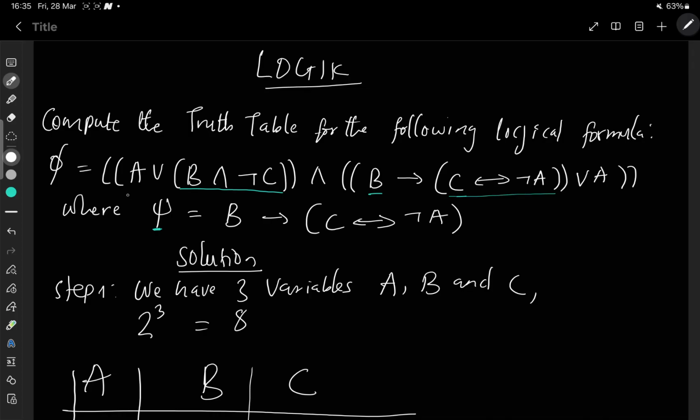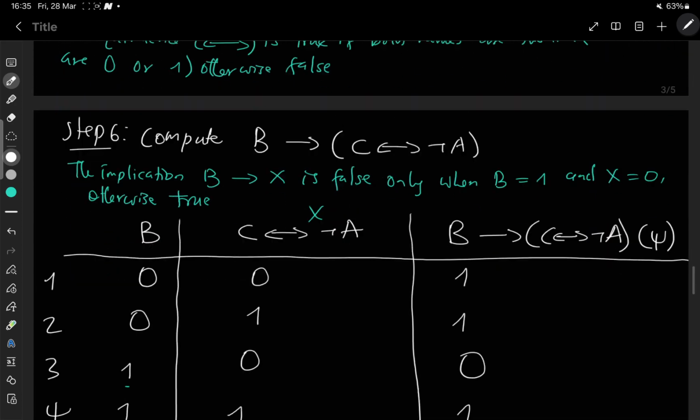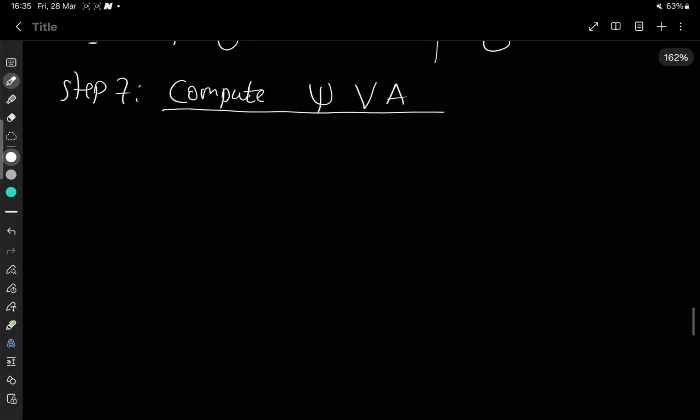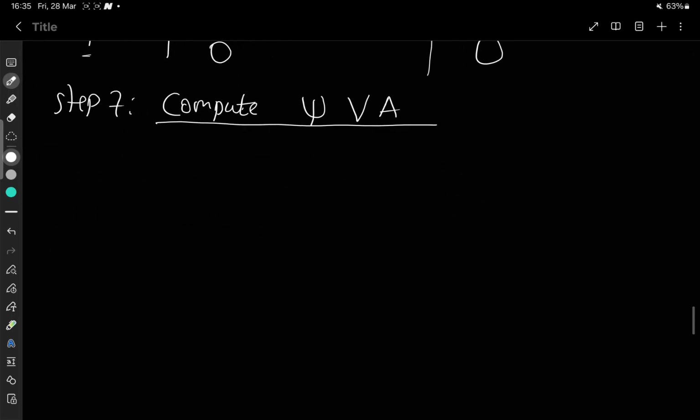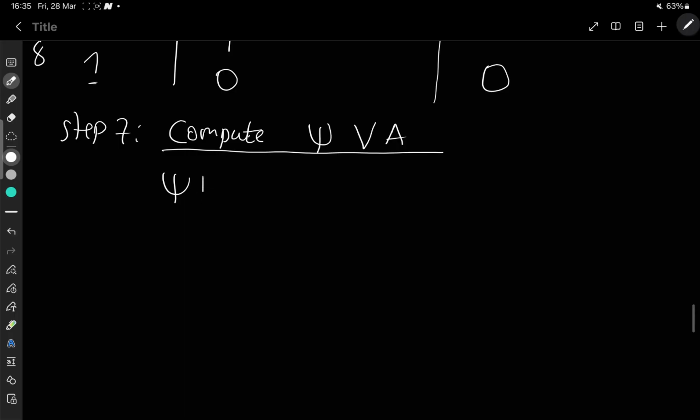We have A here already. So to compute psi or A, we need psi here, which we have computed already. Then we need A. Then we need psi or A.